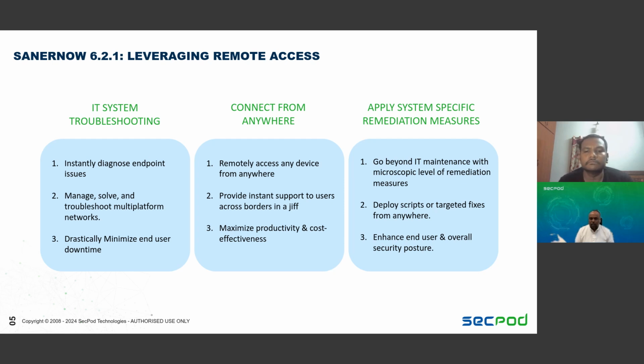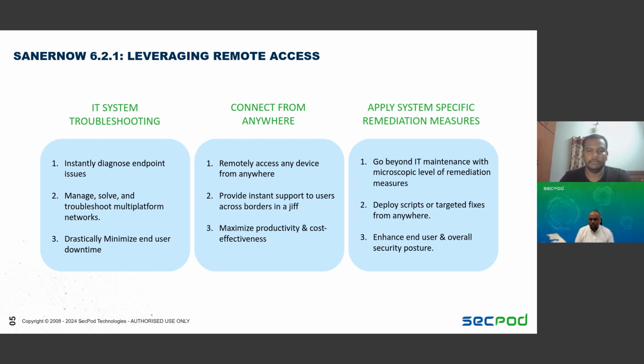And the second one is connect from anywhere. What we mean by connect from anywhere is, irrespective of where you are, if you want to take control of the device, as long as you are able to reach our SaaS platform, which is sena.secpod.com, and the device is able to reach sena.secpod.com, you'll be able to access your system irrespective of which network it is.